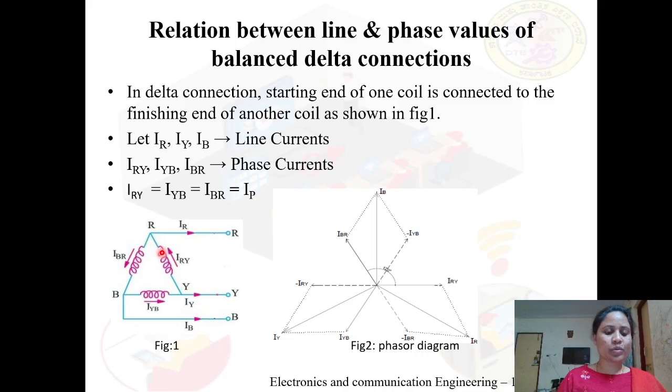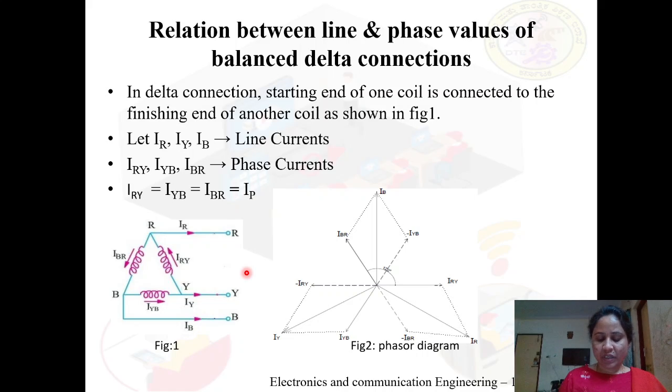You can also consider this as KCL applied at the point R. I repeat, the line current IR is nothing but IRY minus IBR.